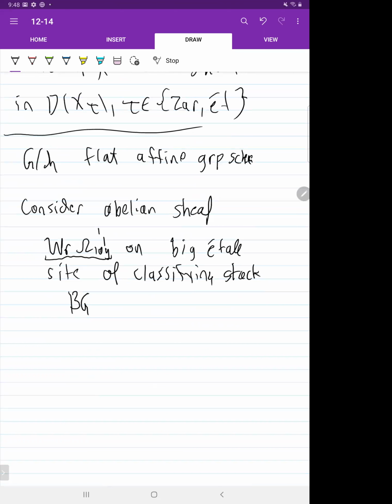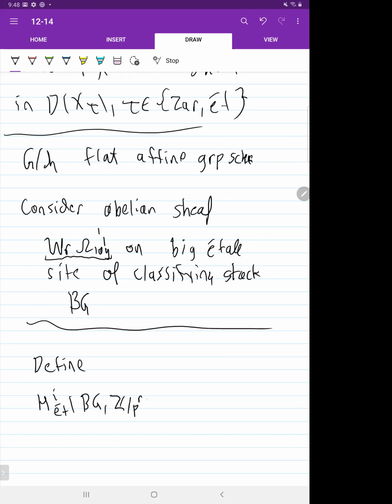And then define the étale motivic cohomology of the classifying stack to just be the cohomology of this sheaf.